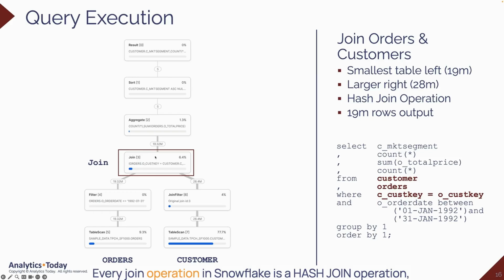Every join operation in Snowflake is a hash join operation, and we can see here we've got the larger table to the right. So Snowflake will always try and get the smallest result set on the left and the larger on the right. What a hash join does is it reads all these entries into memory, does a hash of the key of this data, in this case the customer key, and then does a table scan of this result set and matches those entries in memory.